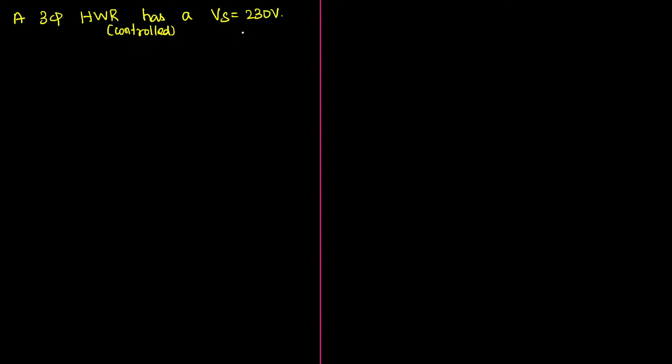Controlled means we are using thyristors. It is given per phase, they told that this voltage is only per phase. Determine the average load voltage, V0 average, for firing angle alpha equal to 60 degree.